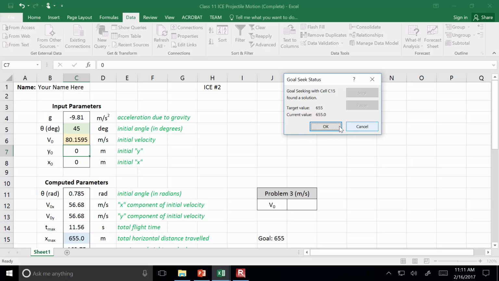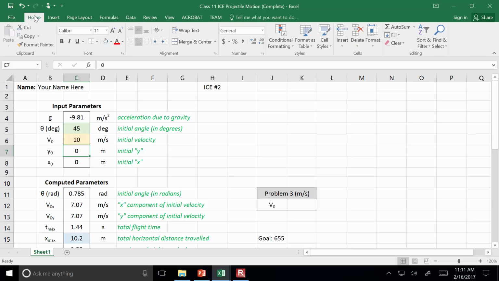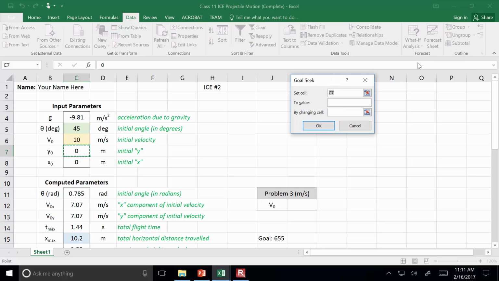Let me repeat that one more time, if you missed it the first time. I'm going to put in just a guess of 10 meters per second. Go to Data, What If Analysis, Goal Seek. There are two things we have to pick off of the spreadsheet: one is our target, and one is what it's going to change.